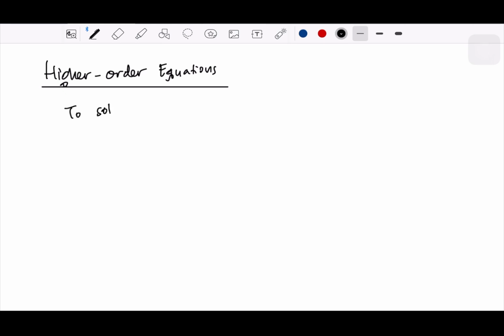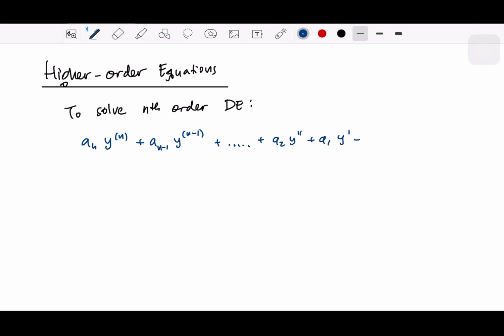So to solve nth order differential equations, we must solve an nth degree polynomial equation.